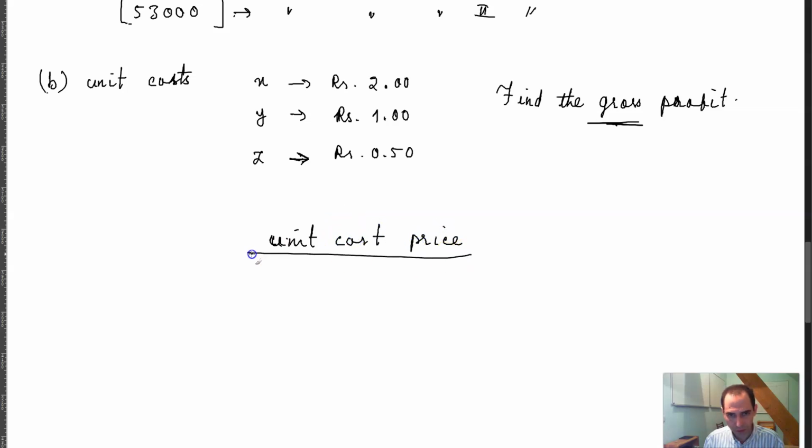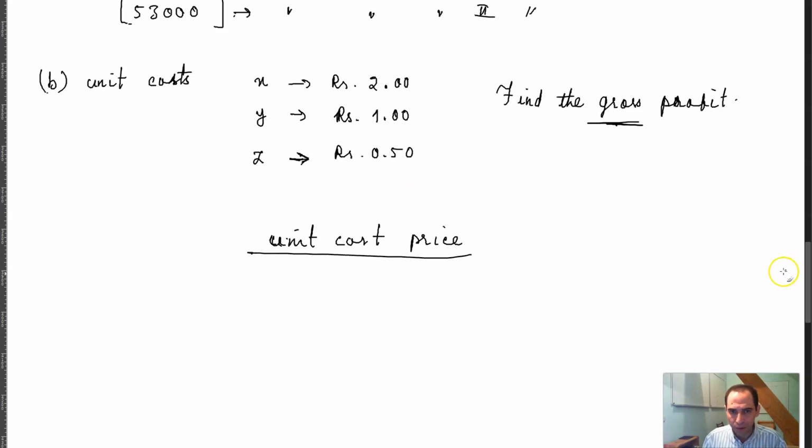That is called the unit cost price. The unit cost price, if you multiply it by the number of products that you produce, then of course you will be able to calculate the total cost price, right? The total cost price for all of the products that you have produced.